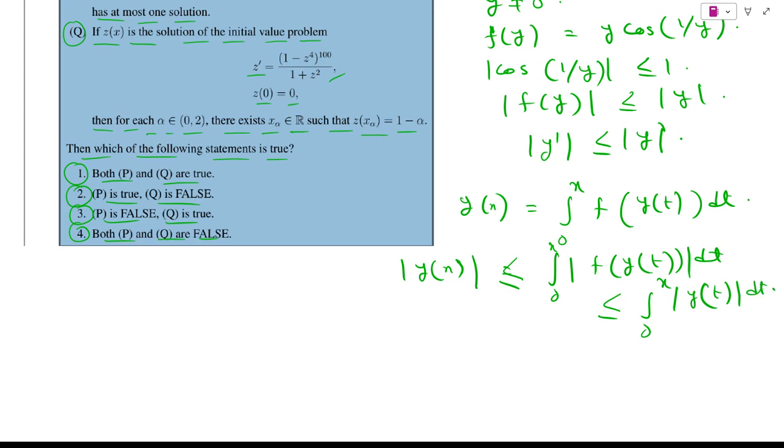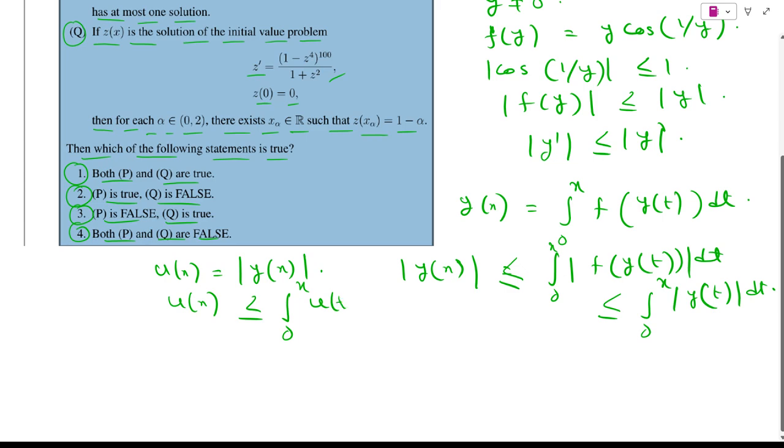Now define u(x) as mod of y(x), and then u(x) is less than or equal to the integral from 0 to x of u(t) dt, right?